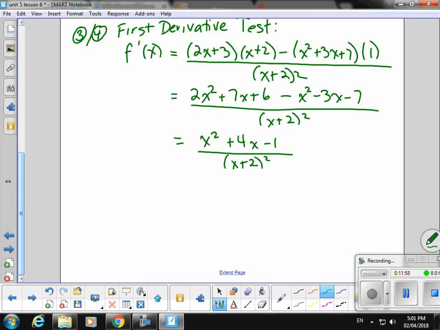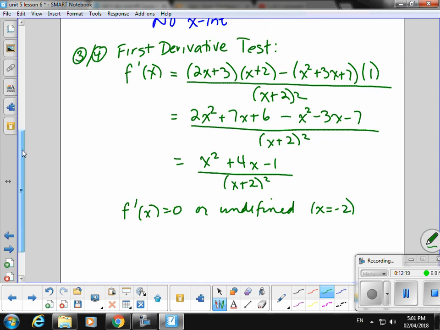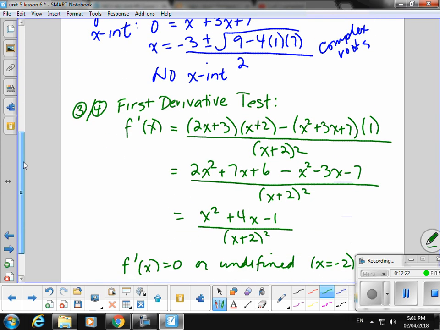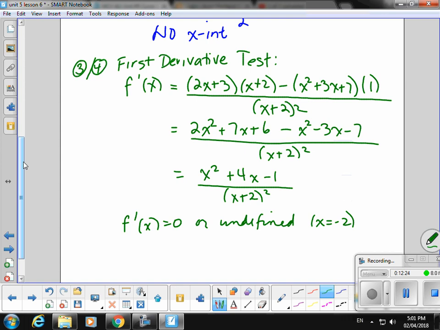Okay. We are looking for the derivative to be 0 or undefined. We've already talked about x equals negative 2, and we already know that there is an asymptote there. So I don't need to spend time looking at that place, but I do need to see where it's 0. X squared plus 4x subtract 1.